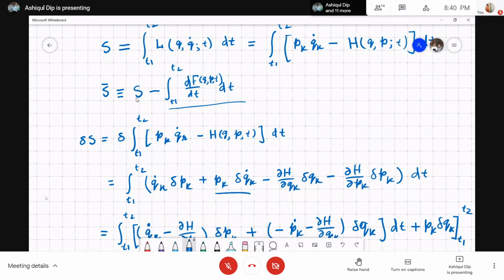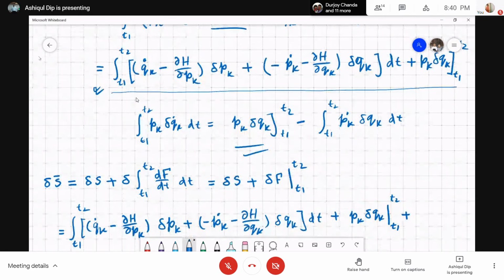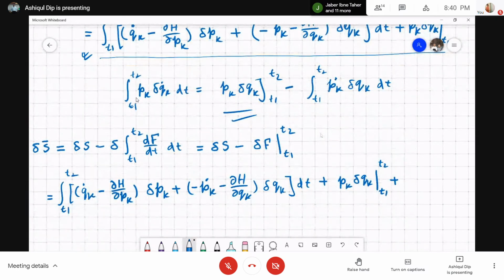It's basically convenience for derivation, nothing else. It doesn't change anything, and you'll get the same result if you keep the other one. So I want to make a negative sign over there. You can always redefine your f to absorb that part. So it gives you this thing, minus variation of f evaluated at the boundaries, right?